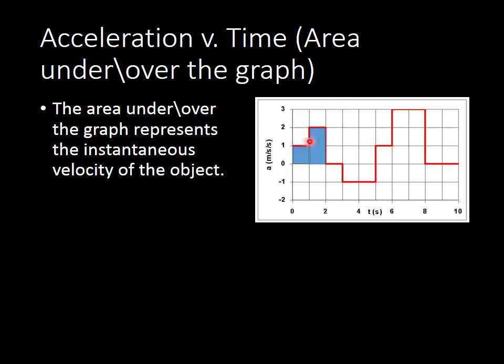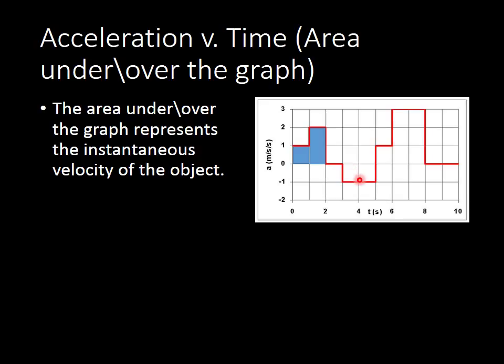All right, the only other part of this graph that really has any importance to us is the area under or over the graph. Remember that the area under the graph we define as basically the area between the graph line or the curve and the x-axis. So this area in blue would be a good example of the area under the graph. If we were talking about the area over the graph, we might look at this area between the x-axis and the graph line that's in quadrant 4.